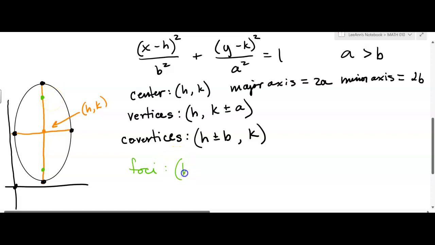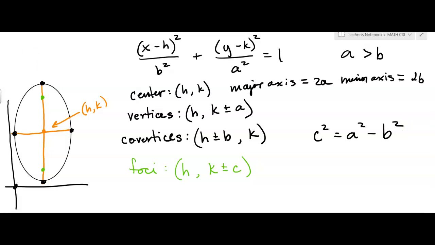So it's going to be h, comma, k plus or minus c. And we still have the relationship that c squared equals a squared minus b squared. And this time our major axis is vertical. Let's see. It's got a vertical major axis. So again, that might help you know where the foci are and the vertices and all of that.